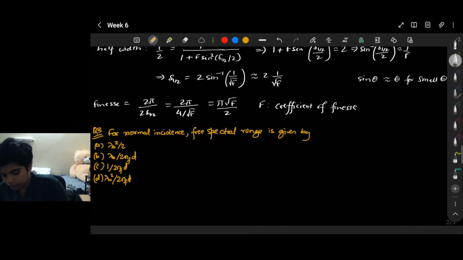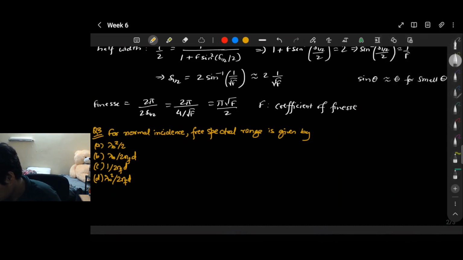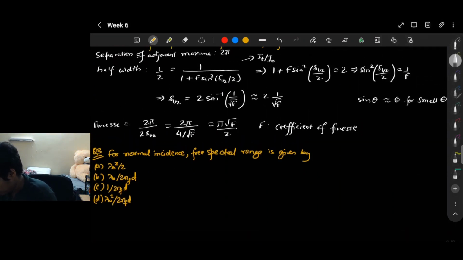Okay, so let us now discuss the answer. In order to solve this question, we need to know the concept called Rayleigh criterion.